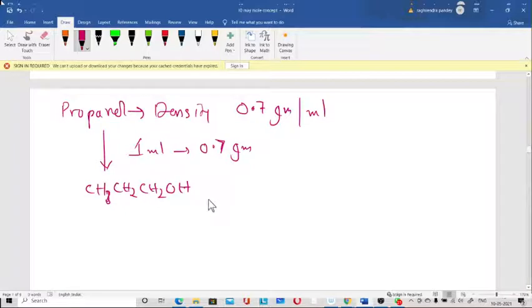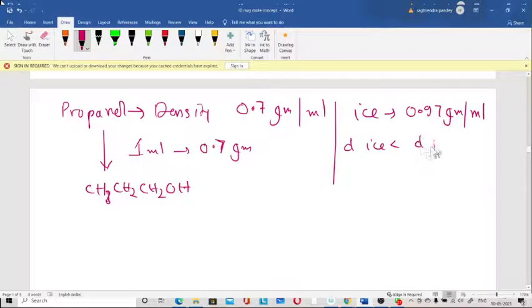Now suppose you take ice. What is the density of ice? It is 0.97 gram per ml. So the density of ice is lesser than the density of water.